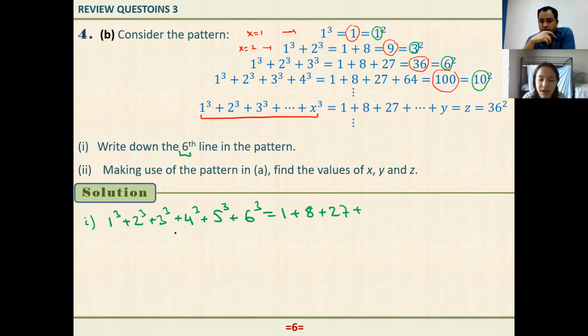That's 64, right? 64. That's correct. So 4 cubed equals 64.